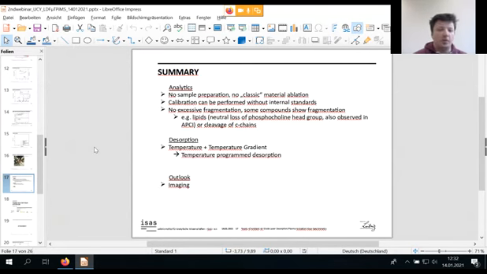However, some of the lipids I've shown you, or the cholesterol ester, come with some fragments, such as the loss of the phosphocholine head group or the cleavage of the C chains. Nevertheless, these methods allow application in many directions, such as the controlled atmosphere or the imaging I've just spoken about.